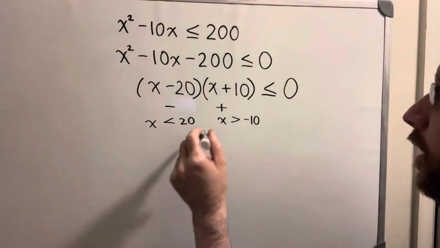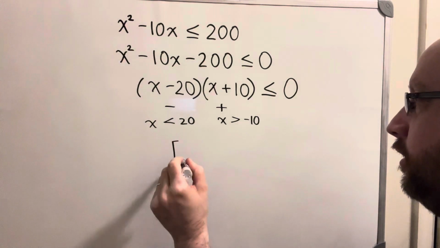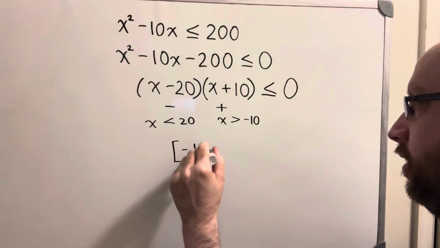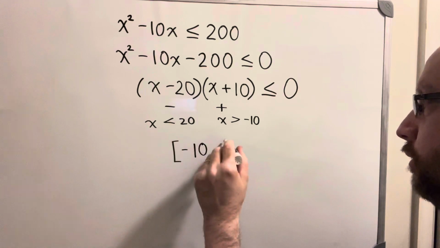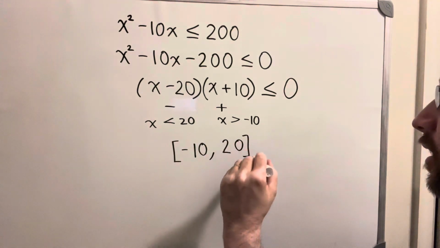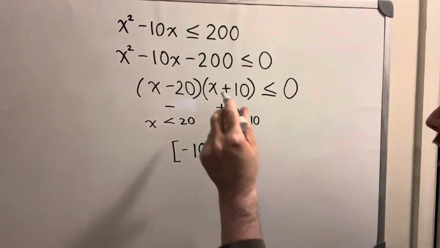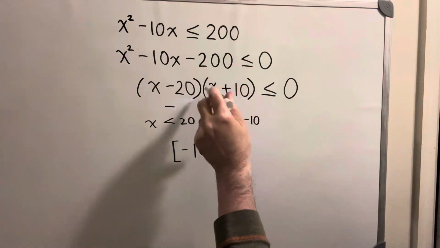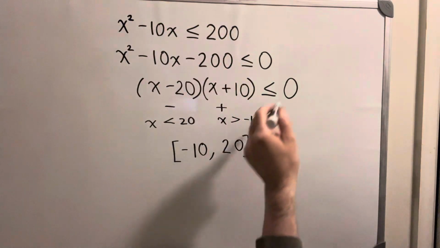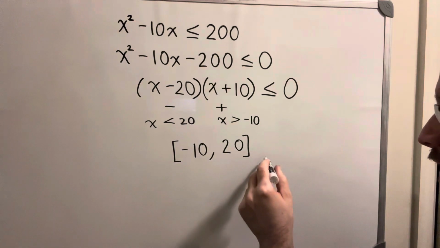Yes. And we're including zeros, so the interval is from negative 10 to 20. If x is in this range, then this product, which is equivalent to this, is negative or 0. So this interval is the solution.